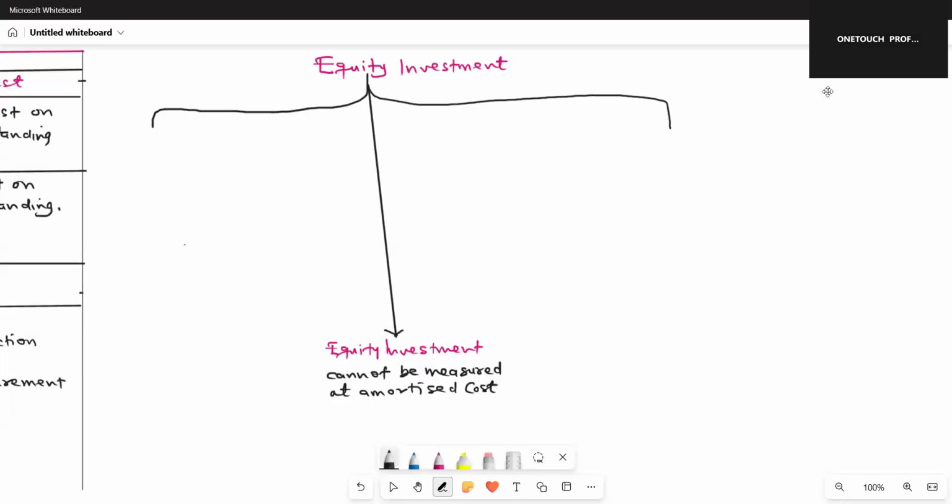But you cannot redeem the principal. Once you buy shares, you do not have the right to go to the company for your money. Even the ordinary dividend is not fixed. So amortized cost is out.